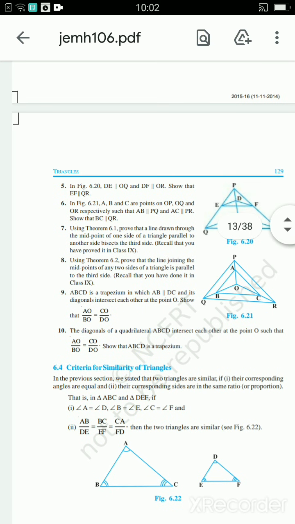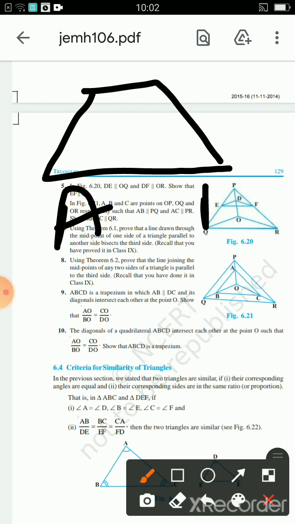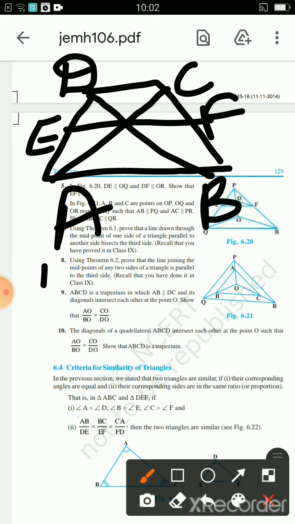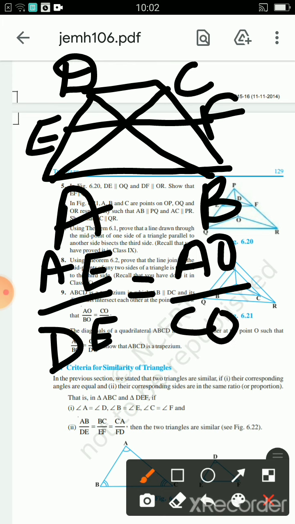You had drawn a trapezium and you reached the result that AE upon DE is equal to AO upon CO. This is point O. So now in the triangle, AE upon DE is equal to AO upon CO.